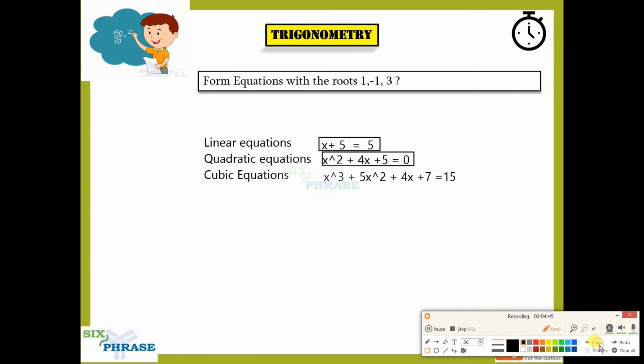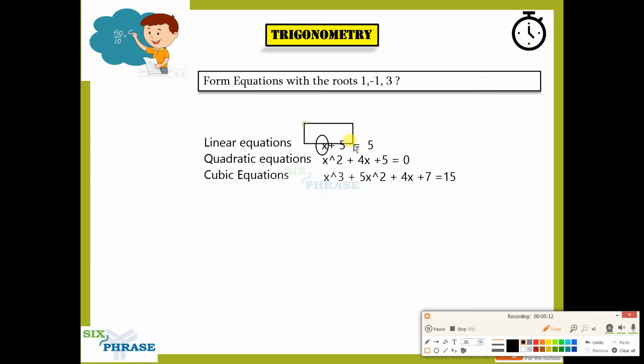One thing you have to keep in mind is that the other name for root is solution. So sometimes they'll ask you to find the solution. When they ask you to find the root, you have to understand what a root is. A root is the value of x which satisfies this equation.